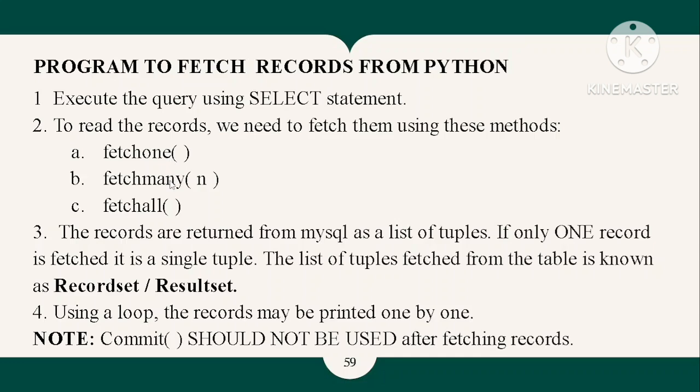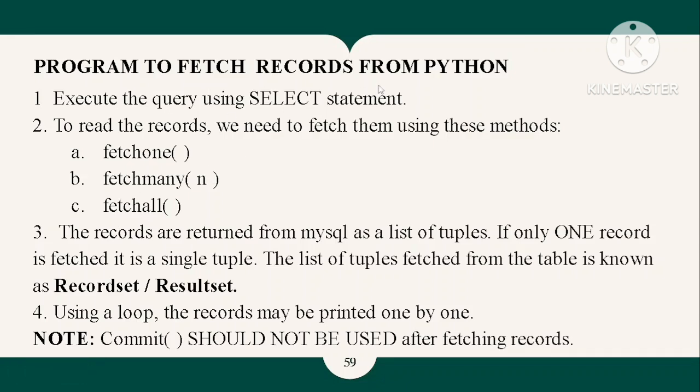Suppose you want to fetch the first 5 records, then assign a variable v equal to cursor.fetchmany of 5. This n stands for the number of records which you need to fetch. Or if you want all the records, all the 20 people who are working in sales department, then give variable v equal to cursor.fetchall, which will return all the records.